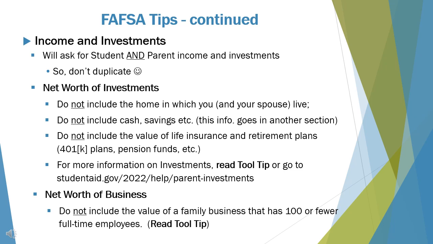Do not include retirement accounts like 401k plans, IRAs, etc. Also, for small business owners, if you own 50% or more of a business, you do not list the value of the business if it has fewer than 100 employees. Read the tooltips to find out much more information on the government's studentaid.gov website.